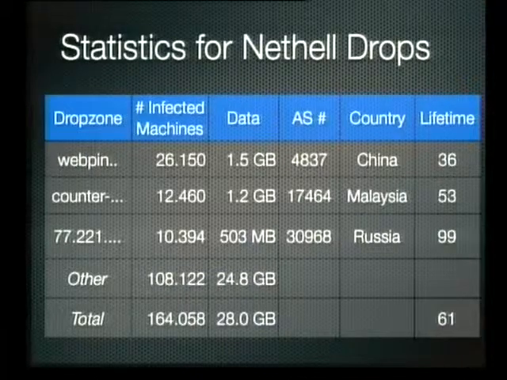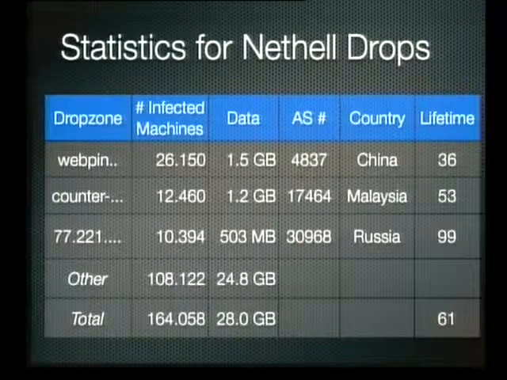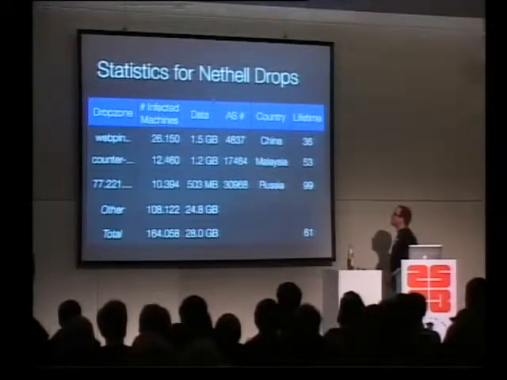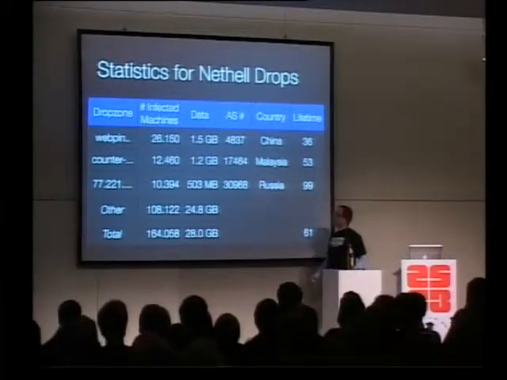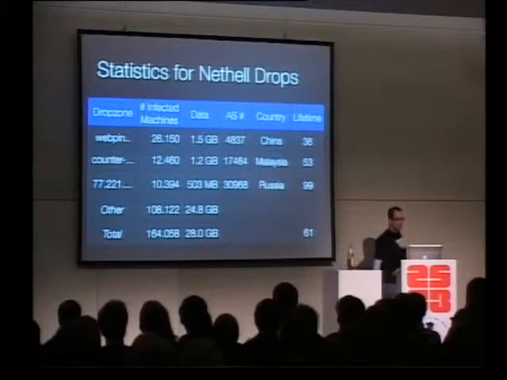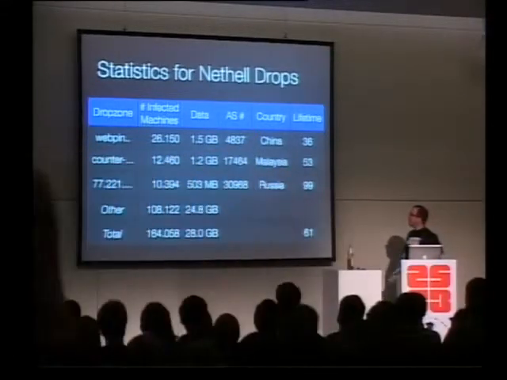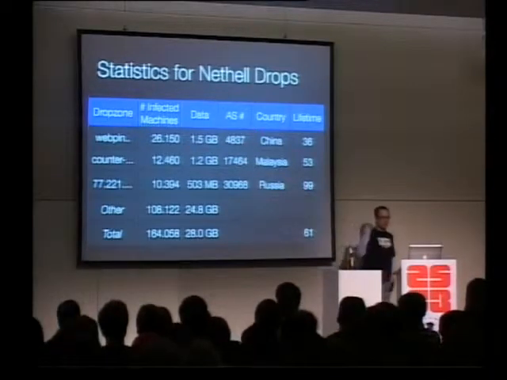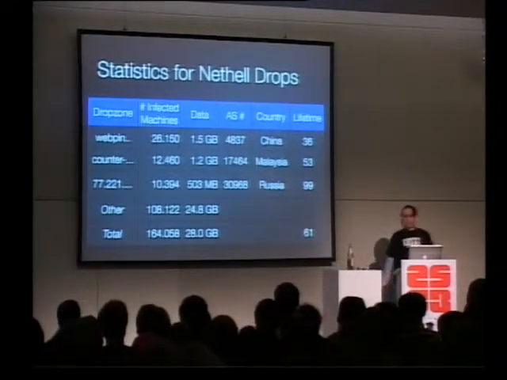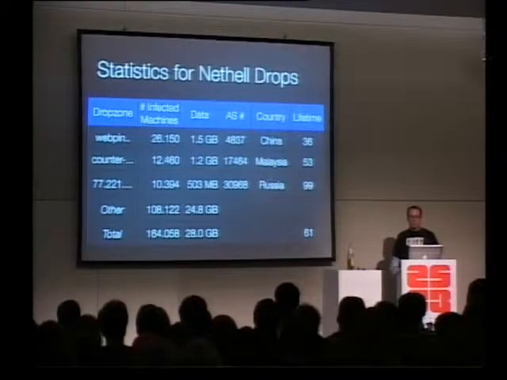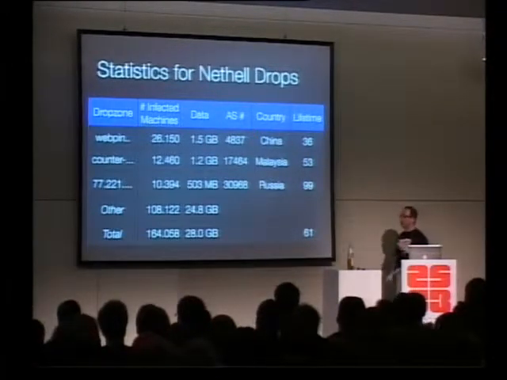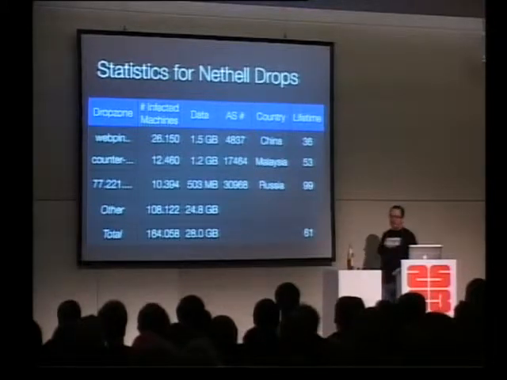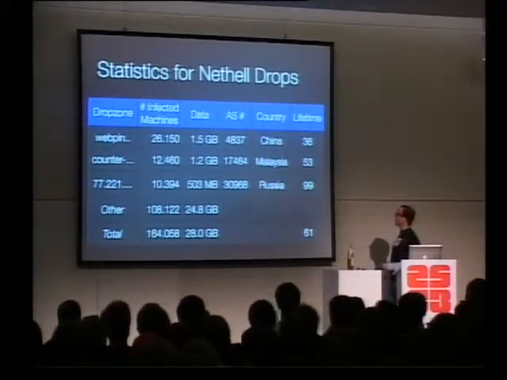These are the top 3 drop zones where we found between a few gigabytes and a few hundred megabytes of data. The number of victims was between 20,000 and 10,000 for each single drop zone. The drop zones themselves were located typically either in Asia, in Russia, or also within the US, some also within Europe. So it's rather diverse. There's no single country, no single autonomous system that's most prevalent, so the whole threat is pretty diverse.